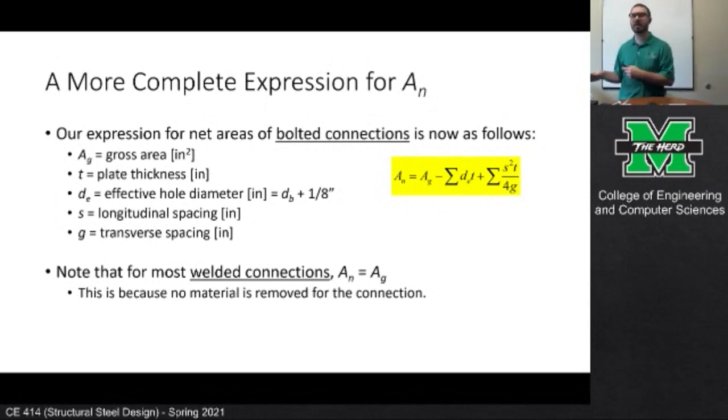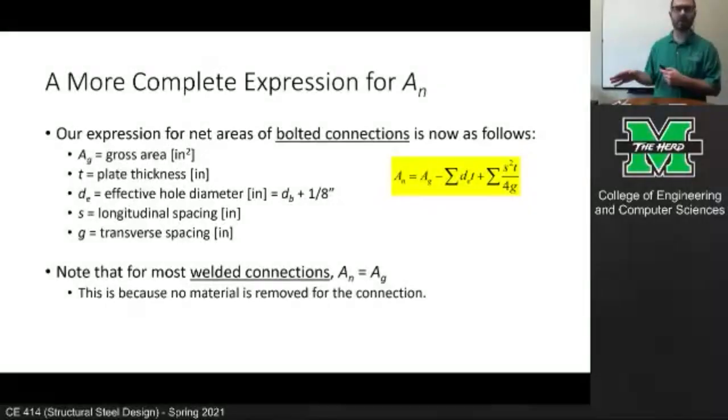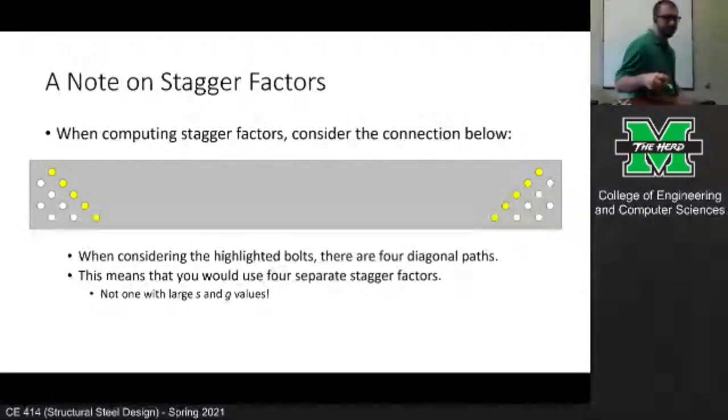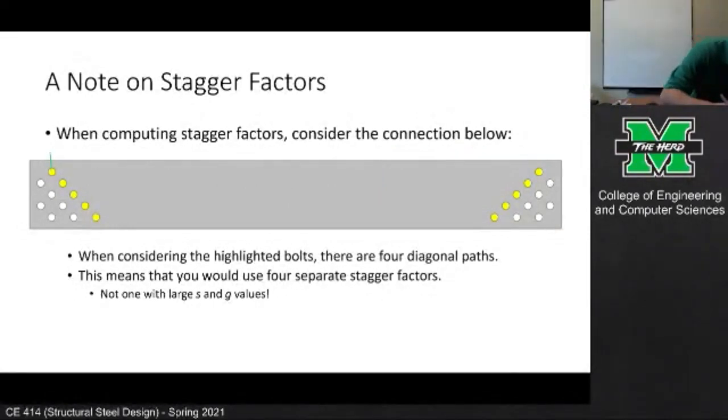Now, the only other thing I want to clarify before we get into our example is a note on the stagger factors. I wanted to look at this connection just to illustrate what we're talking about here. Let's say that we're considering this failure path.